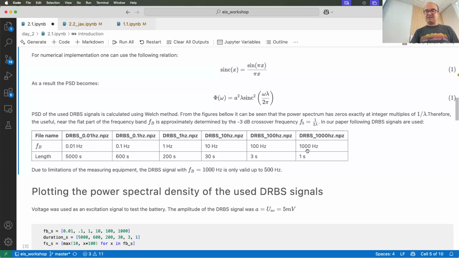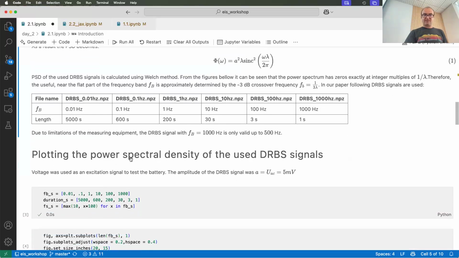And if we sum this up, we need approximately 5,600 seconds to calculate the ice from 0.001, so from 1 millihertz up to 1,000 hertz. You click it once, you leave it, and you come back and you have the ice.